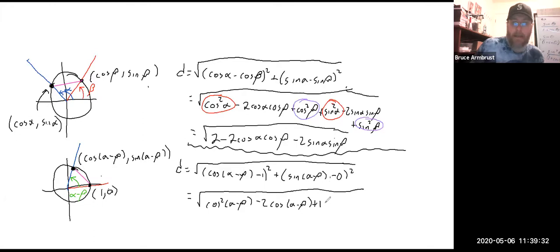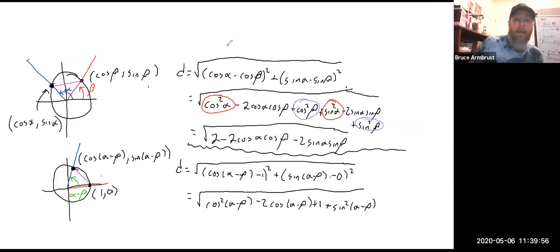And then the second thing, it's kind of nice since it's minus 0, we're just squaring the sine. So we get sine squared of alpha minus beta. So this one doesn't actually look nearly as bad, but that's really because there's less stuff that showed up.